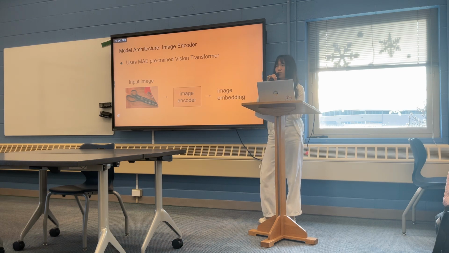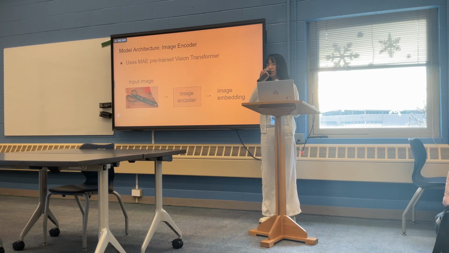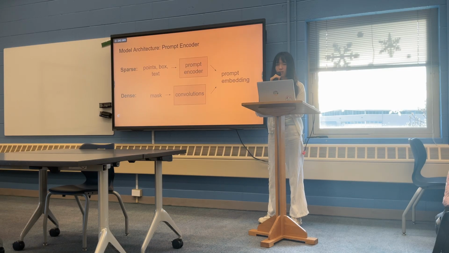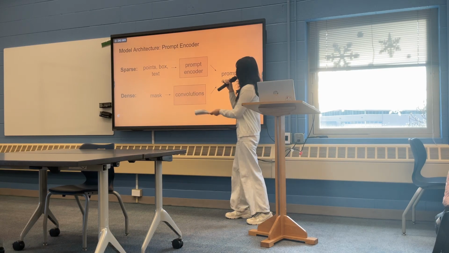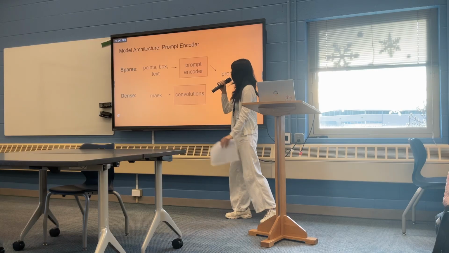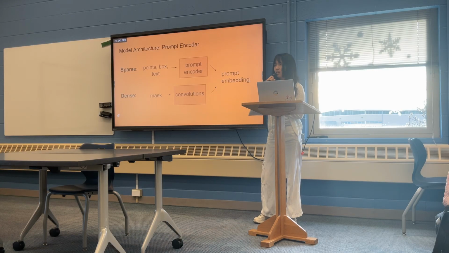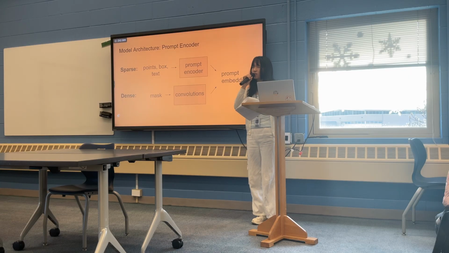A vision transformer basically takes different parts of an image and determines the relationships between those parts. And then we also have a prompt encoder, and the dense masks use convolutions to create a prompt embedding. And yeah, does that answer your question?